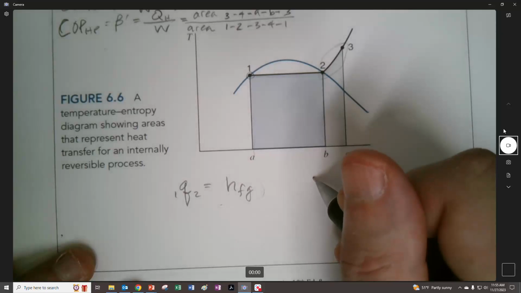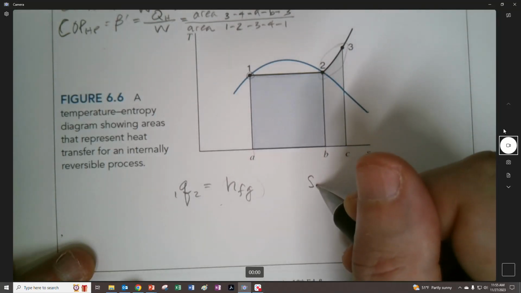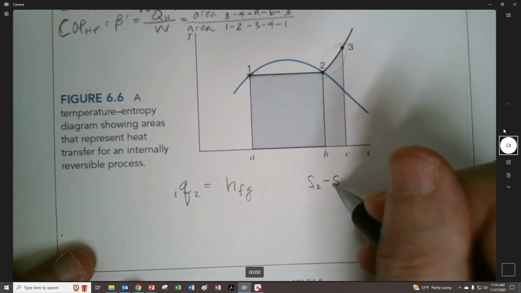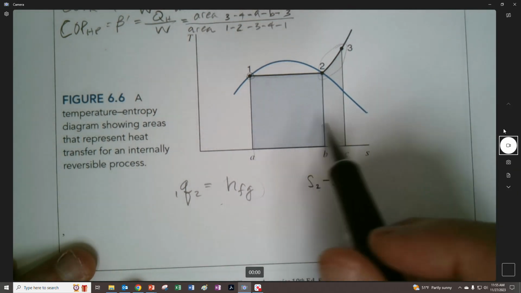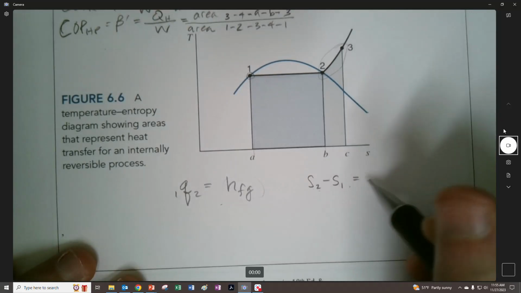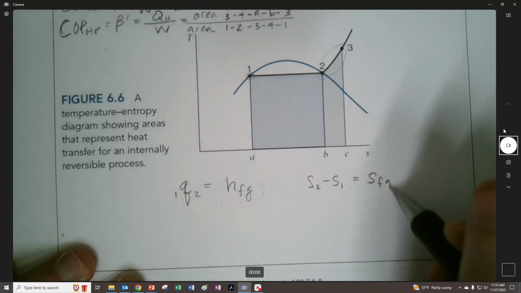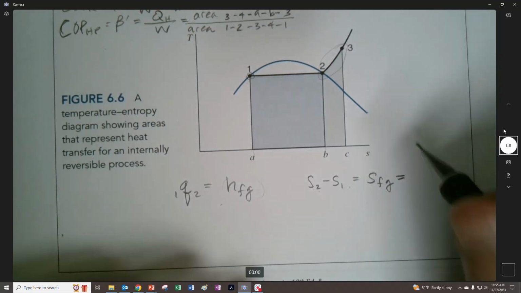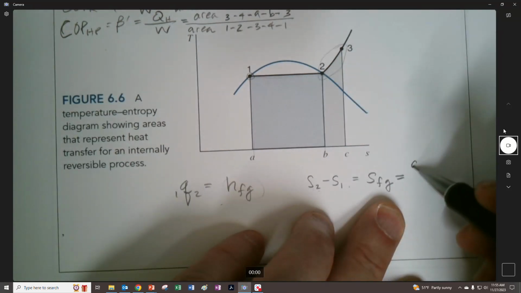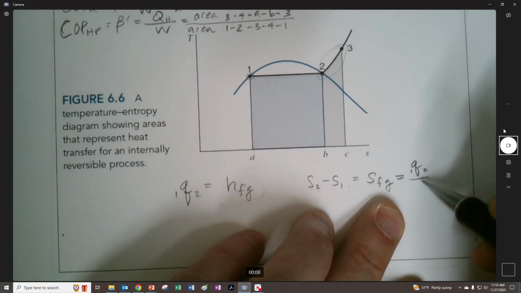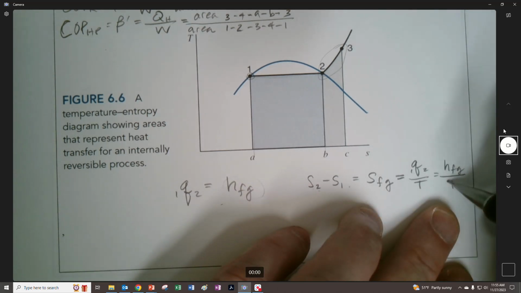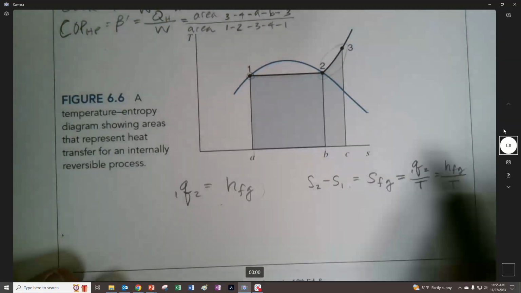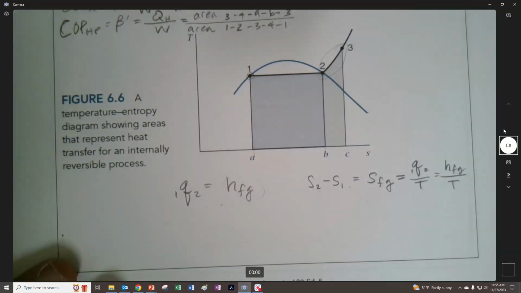The change of entropy between 2 and 1 is also going to be equal to SFG, which by definition is Q1 to 2 over temperature, which we hope to see is HFG over T. So this is sort of like investigating the steam tables.